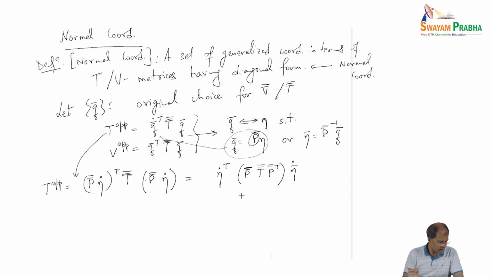T being a symmetric matrix, we expect that this has to eventually be equal to this form, eta dot transpose T eta dot, in such a way that this new matrix T is diagonal.